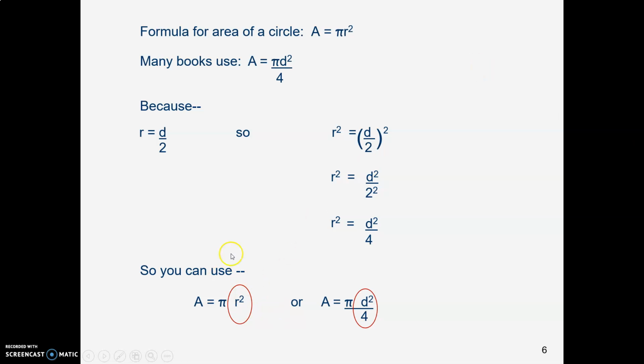So when you're figuring out area, you can use area equals pi r squared, or you can use area equals pi d squared over 4, whichever one is more convenient for the particular problem you're working on. Go ahead and use that.